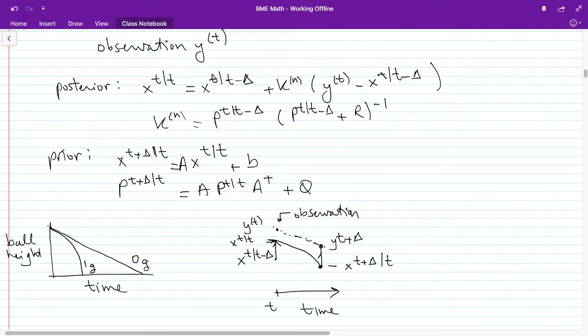And again, we make a correction. So as this ball falls, this is our prediction, and this is how it actually is going to fall. Every instant in time, as we make a prediction, we make a correction.